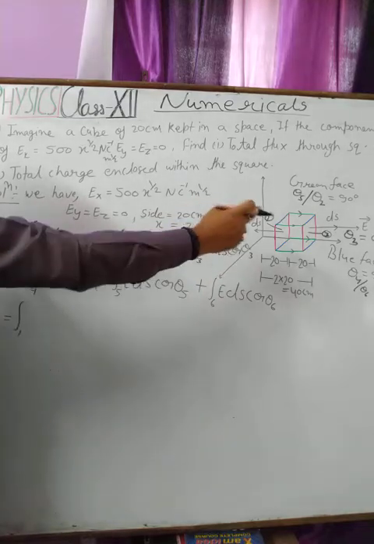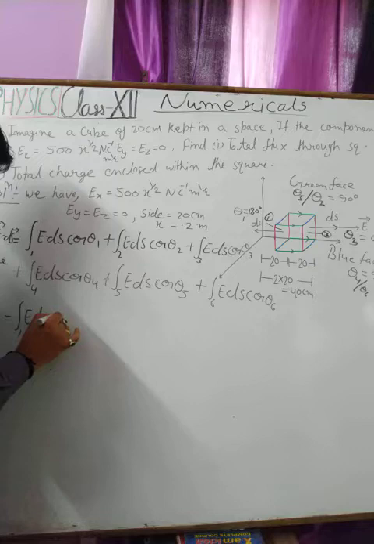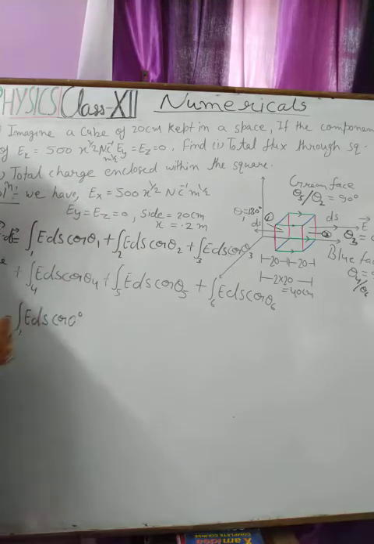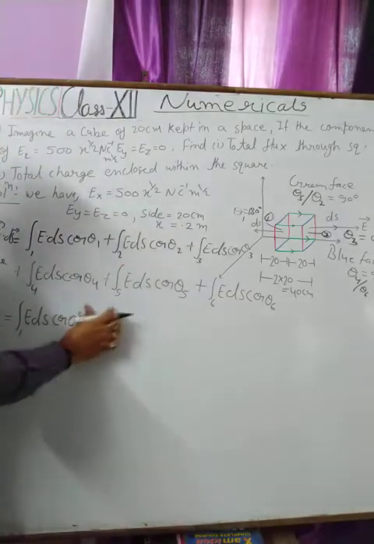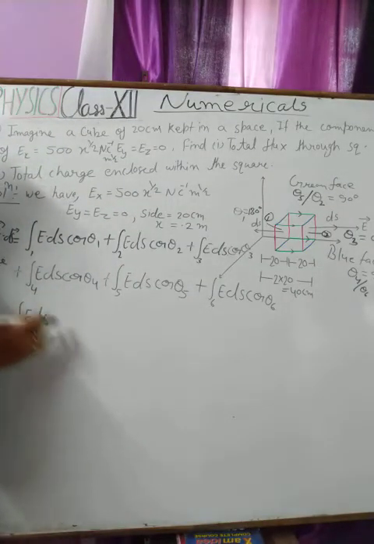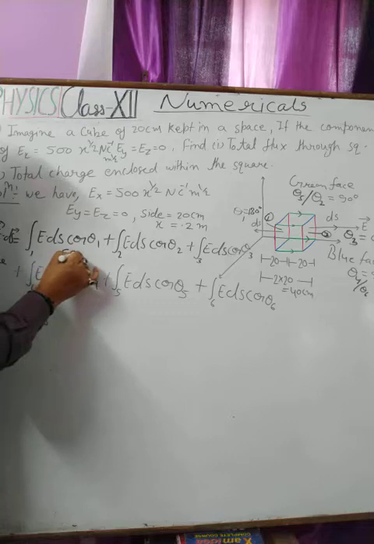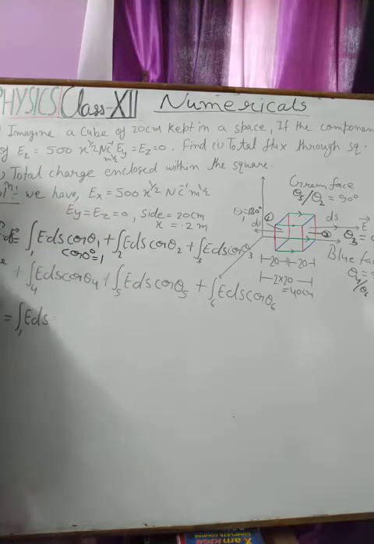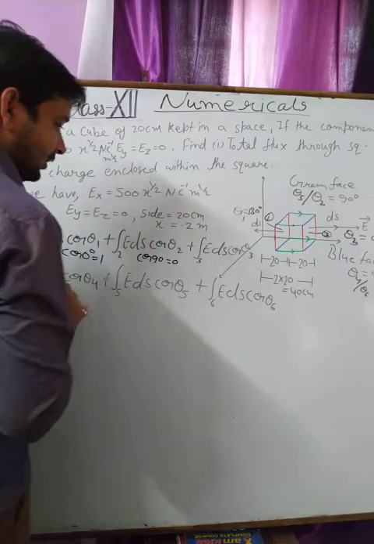For theta 1 we use theta 0, E dS cos theta 0, plus, okay, I am telling you this solution this way. For cos 0 we have the value 1. For cos 90 the result is 0.